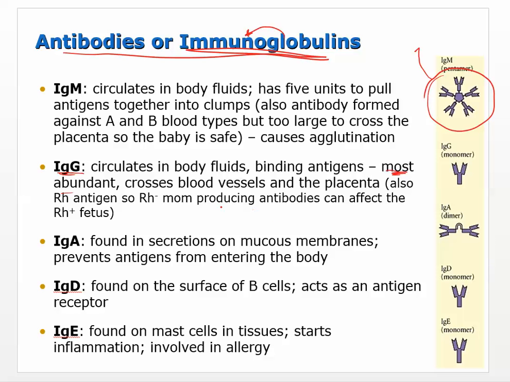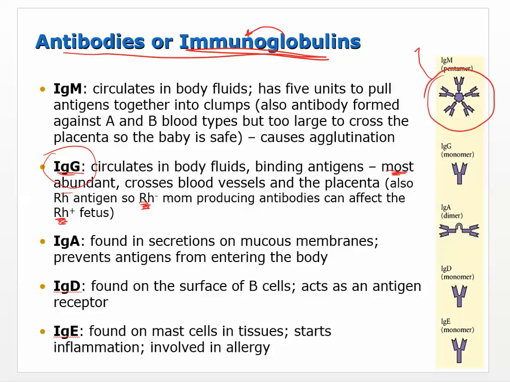Unfortunately, IgG is also the antibody against Rh, and this is why mom, who is Rh negative, if she starts to make antibodies against Rh positive, so if this Rh protein acts as an antigen, and if mom's immune system gets exposed to this Rh antigen, she'll produce an immune response against it, which means she's going to start making IgG.